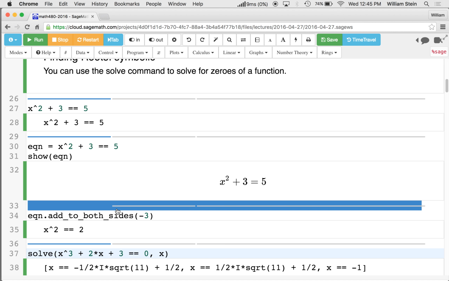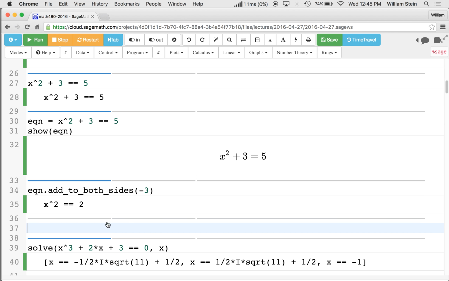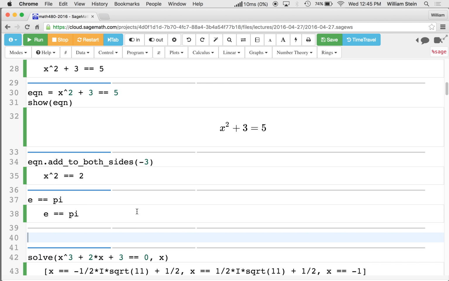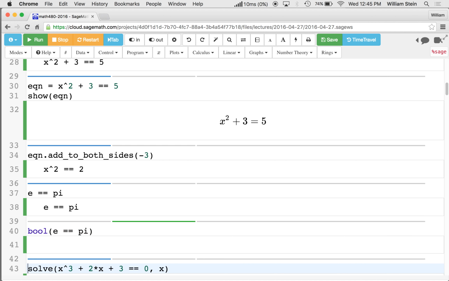If you want to know whether or not one is true or false, an example of how this might come up is e equals pi. That's just a symbolic equality. You can do bool of it, and it will tell you false. By the way, bool on a symbolic equality will say true if it can prove that the two things are equal, false if it can't.